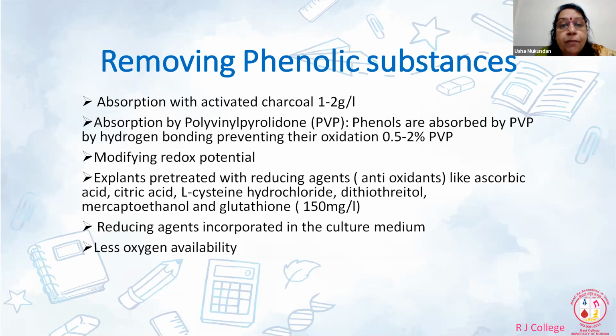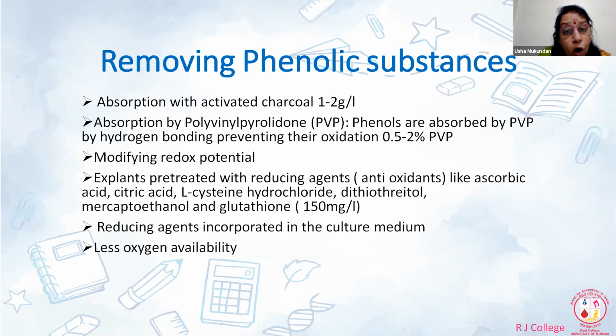All these substances will sequester the oxygen. As a result, the enzyme will be rendered non-functional. What concentration is used? 150 milligram per liter. Sometimes the explant is pre-treated in liquid medium containing ascorbic acid or any of these antioxidants.